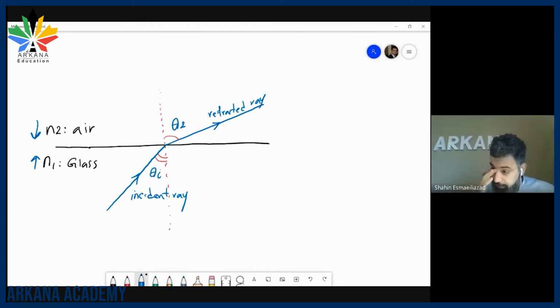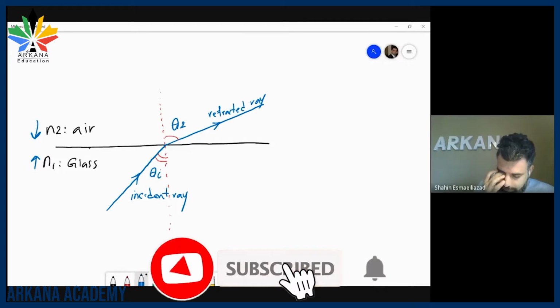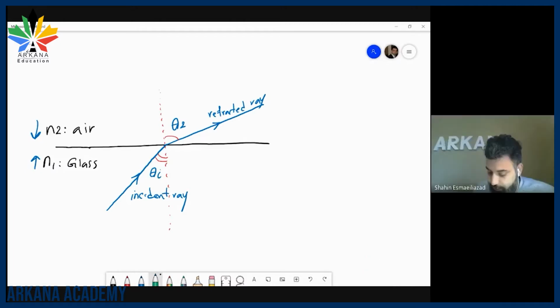Now, what happens in total reflection is that as you are increasing your theta I, okay, so I'm going to change another color, and I'm going to imagine another kind of ray, maybe coming from this direction. Again, still coming from glass, but from a different source.